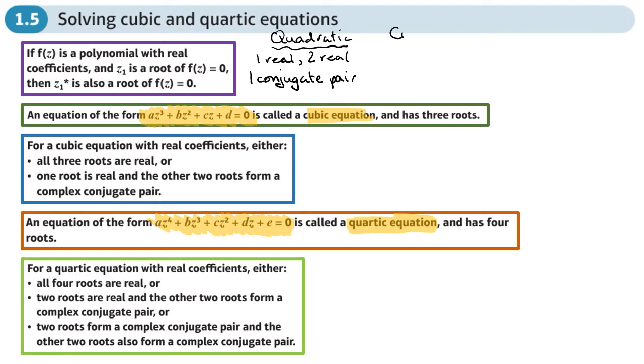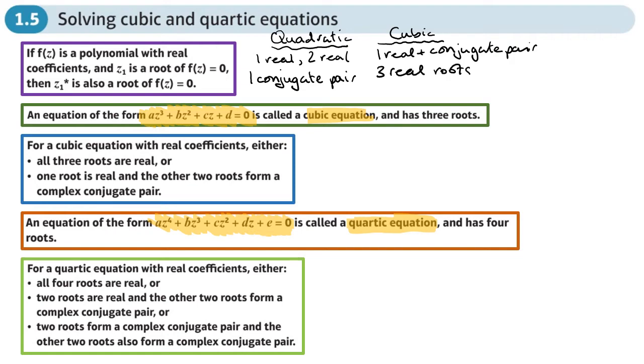Okay, when we come to a cubic, the options are one real root, so one of the roots is real and the other 2 are a conjugate pair, or you could have 3 real roots.